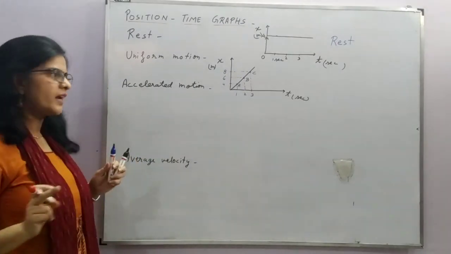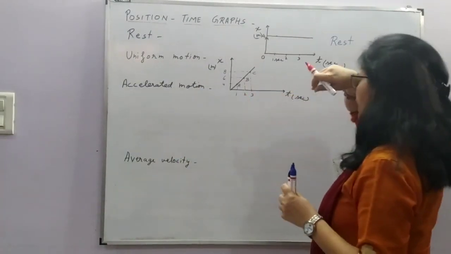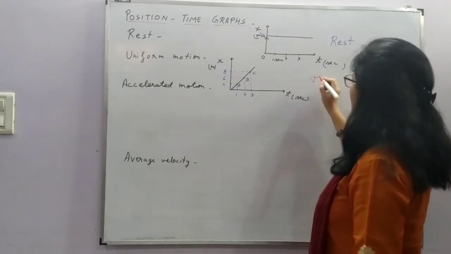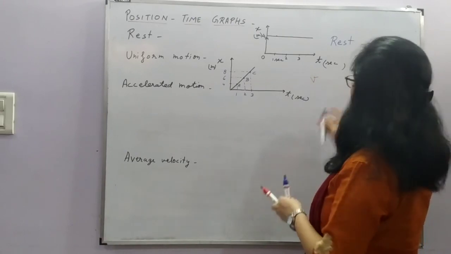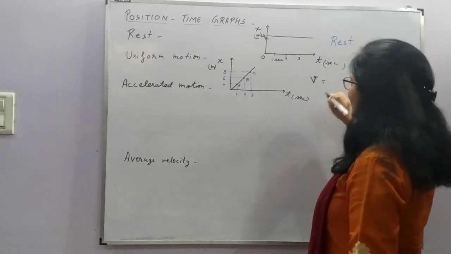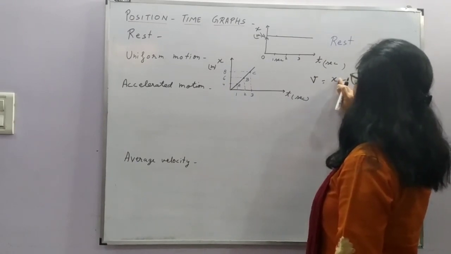If I want to find the velocity between A and B, you remember in 9th standard you used this formula: final position minus initial position.